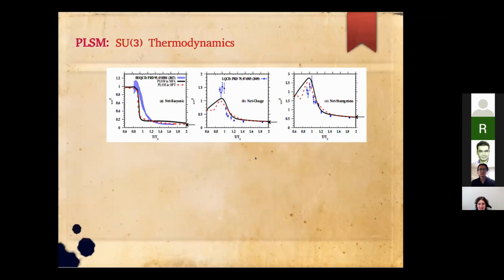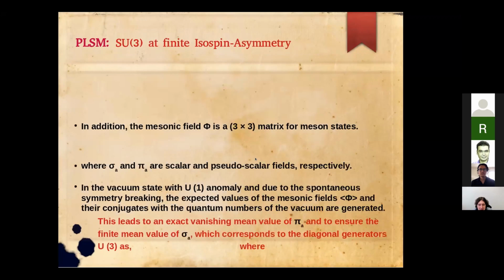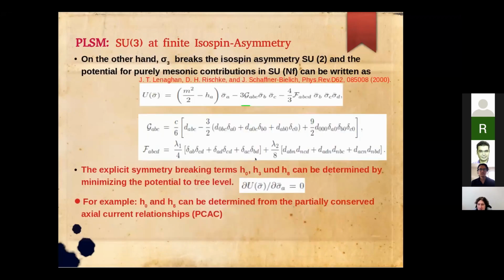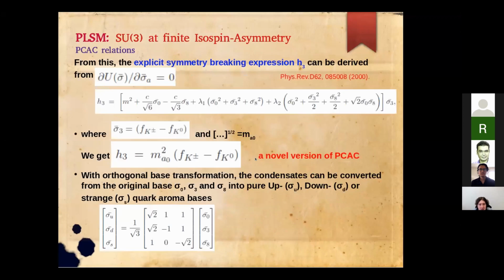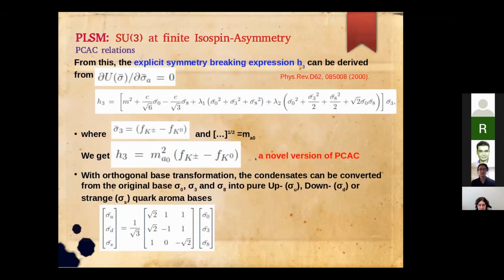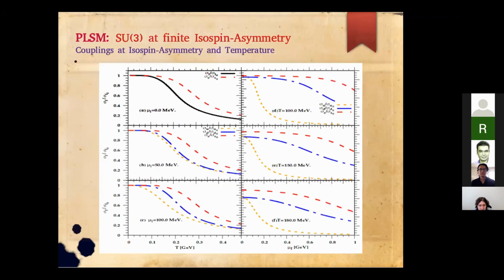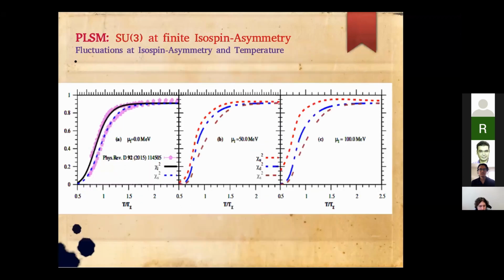Okay, this is the chi square. There's also a question by Gergo. Not this one, the other one that you showed, where it is calculated at finite isospin chemical potential. I think this one. Okay, fine, let's have a look here.